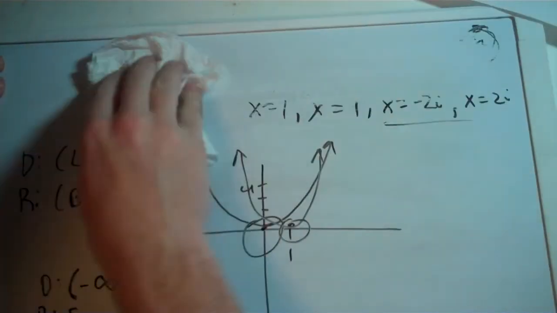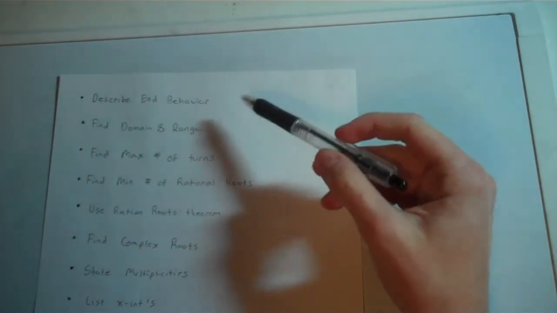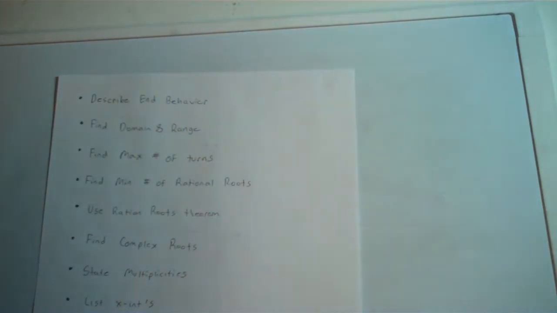So that's how you look at a polynomial and find those 9 different things. Let's review what we learned. We learned to describe the end behavior by looking at the leading coefficient and degree. Also looking at the degree, we can find the max number of terms and the minimum number of rational roots.